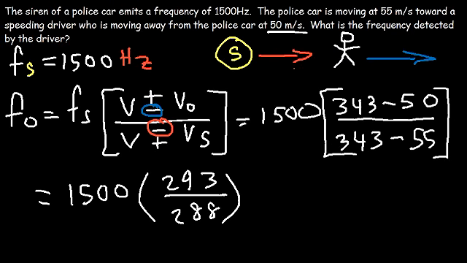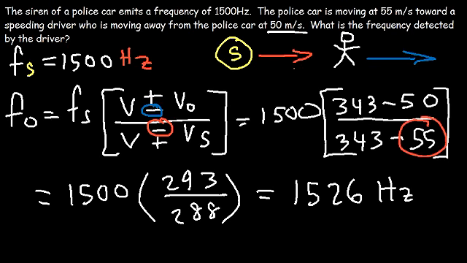So overall, the frequency increased slightly. And it makes sense why, because the denominator decreased more than the numerator. And when the denominator decreases, the frequency should increase.